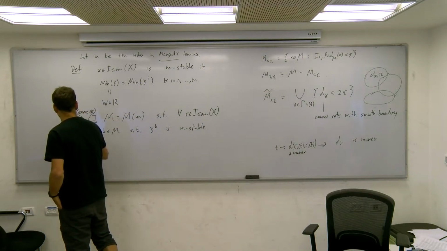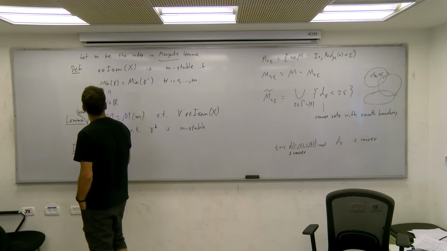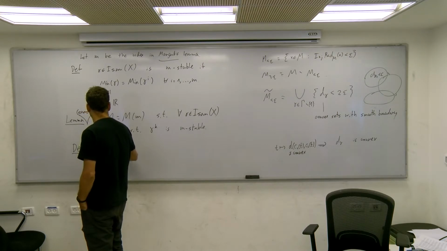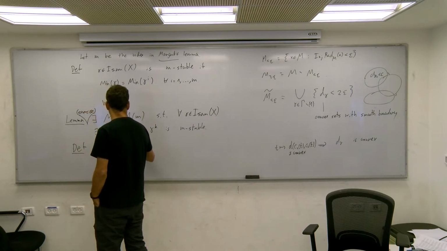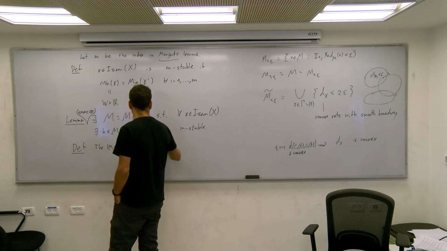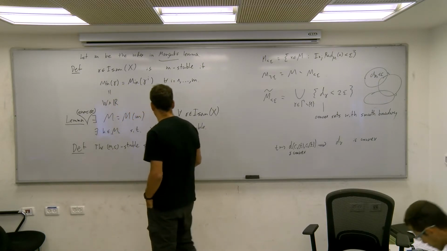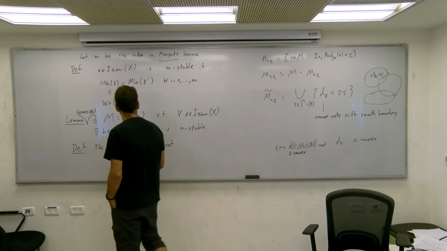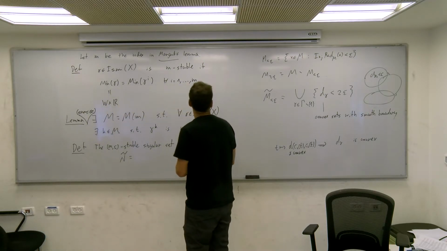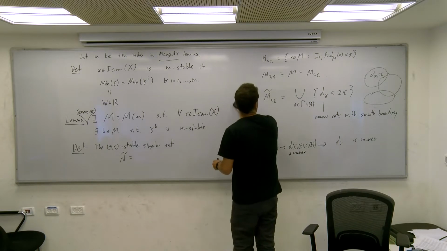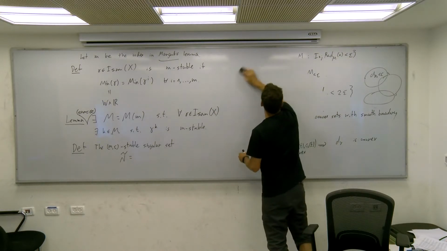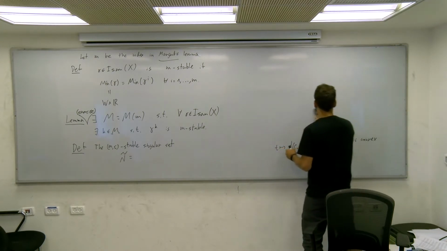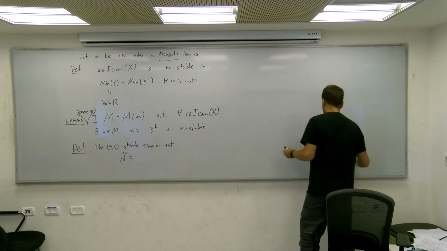Definition. The M epsilon stable singular set is defined as follows. Maybe before the definition, I told you that every element I can raise to a small power, which makes it stable.